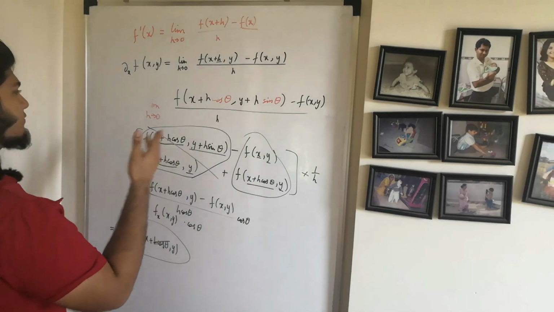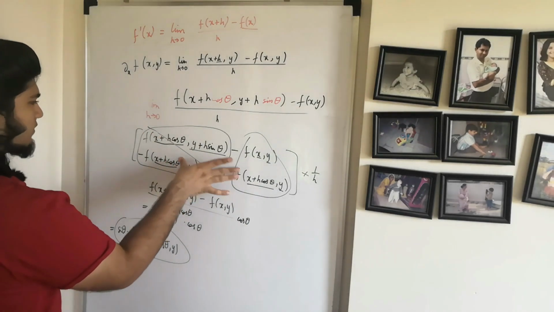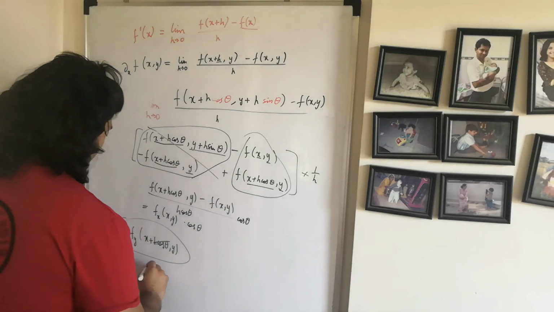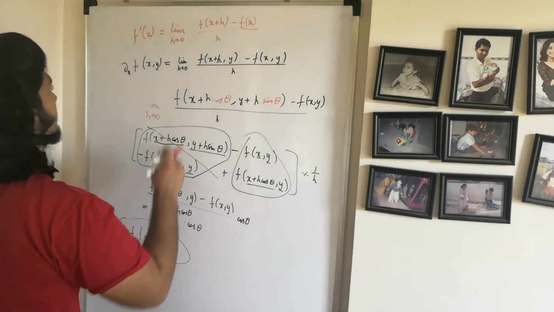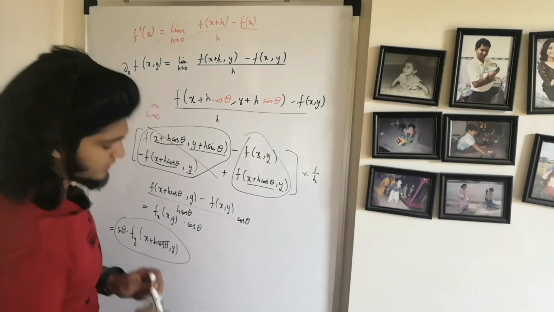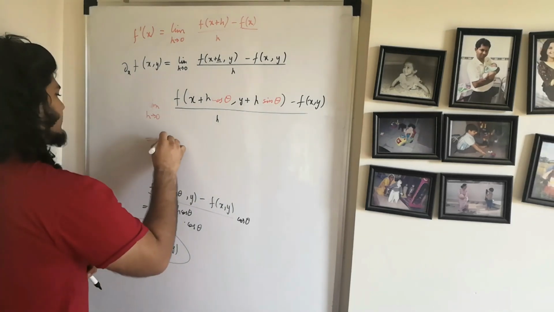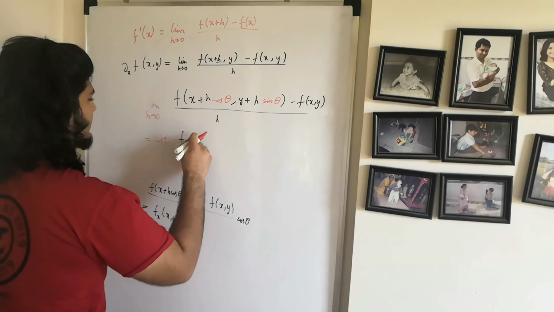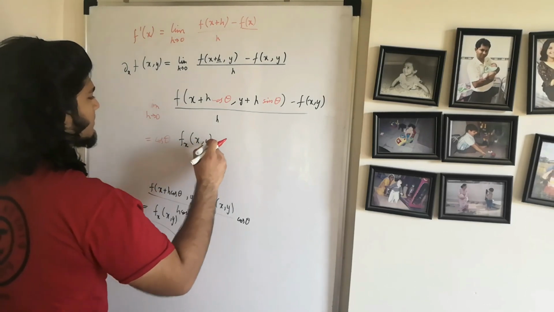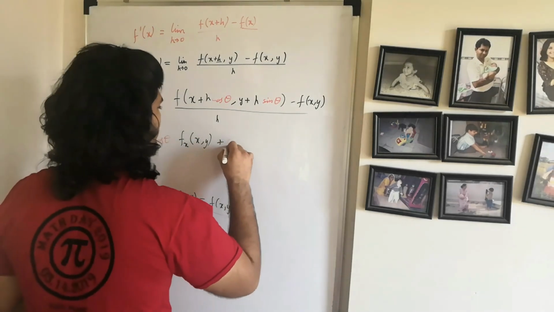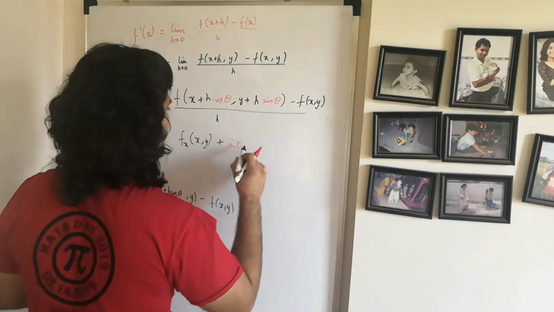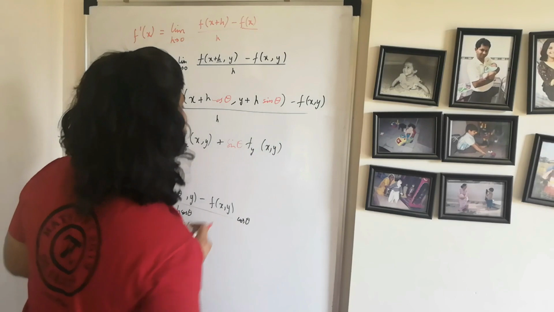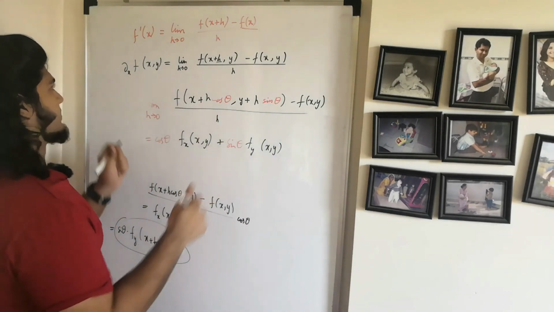And since our final answer was just the sum of these two differences, we can add them together, and we get that this limit is cos theta times f sub x of x y plus sin theta f sub y of x y, and that's the answer.